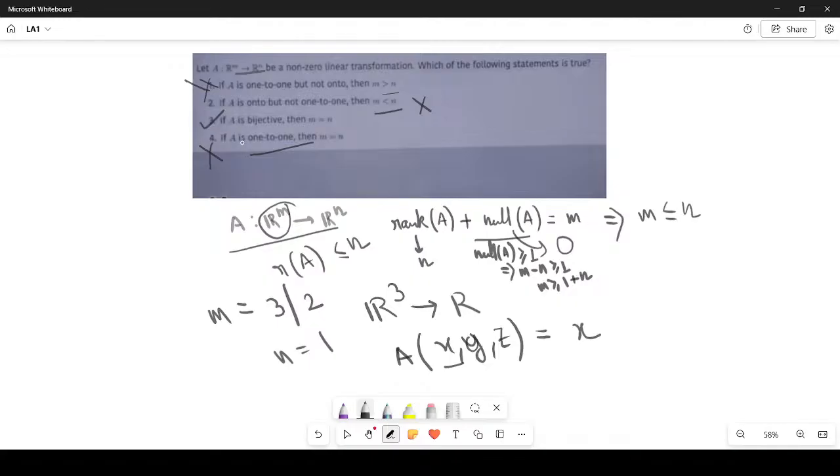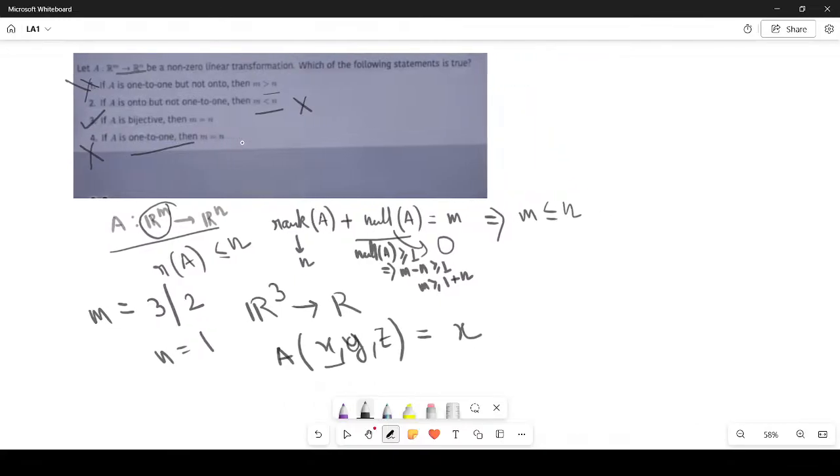So if A is 1-1 but m is not equal to n, definitely our option 3 will be the correct option. But how can we prove that if A is bijective, meaning A is both 1-1 and onto, then m equals n? Since A is 1-1, the nullity of A is equal to 0, or the null space will contain only theta.